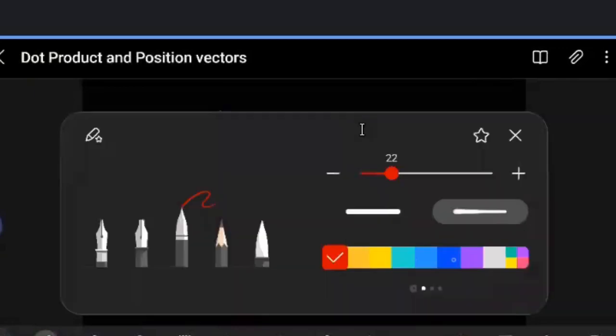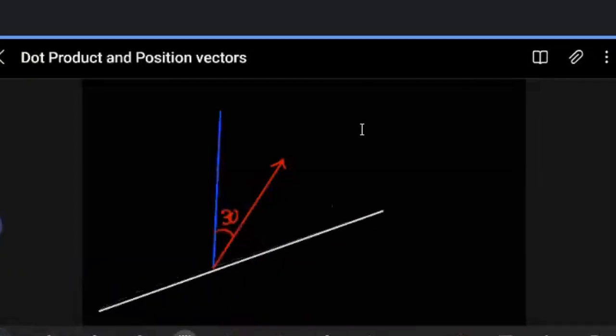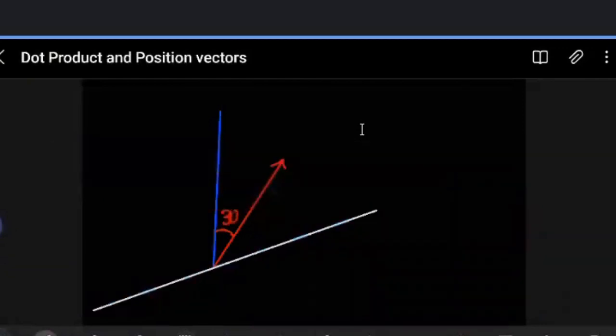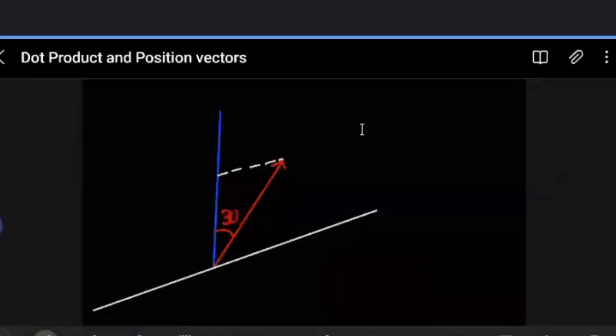So if we have the x-axis, let's say as something like this, if this is where the x-axis is, then we can easily determine the x component and the z component. So let me go yellow. The z component will be here. And the x component will be here.